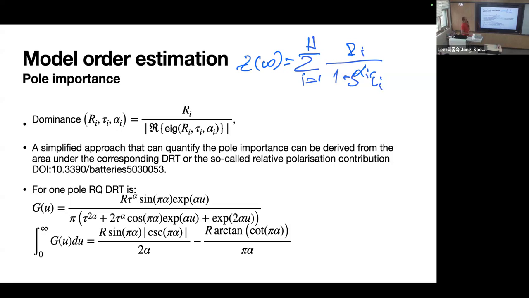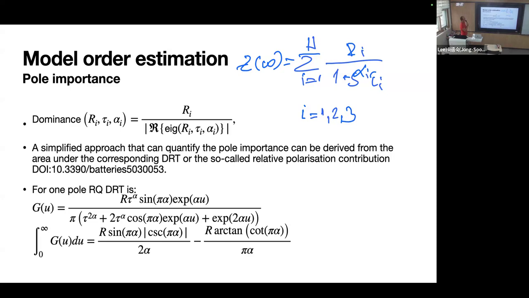When we say give me the first 3 poles, it doesn't mean that I ask the model to give me poles number 1, 2, and 3, but I'm asking the model, give me the 3 most dominant poles. And which poles are most important, or actually which time constants are most important, is done by something called pole importance.